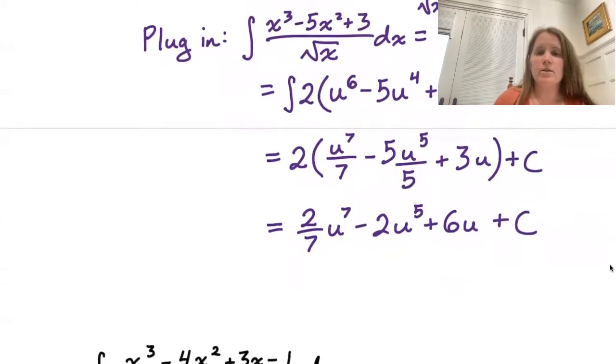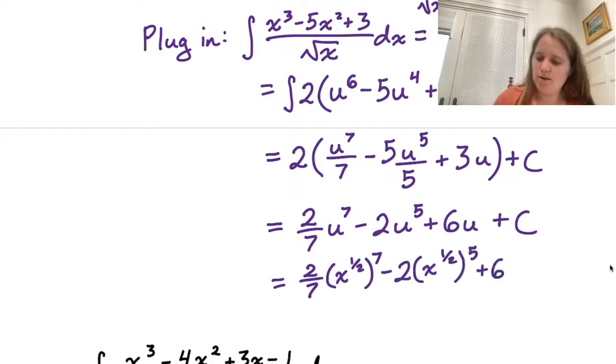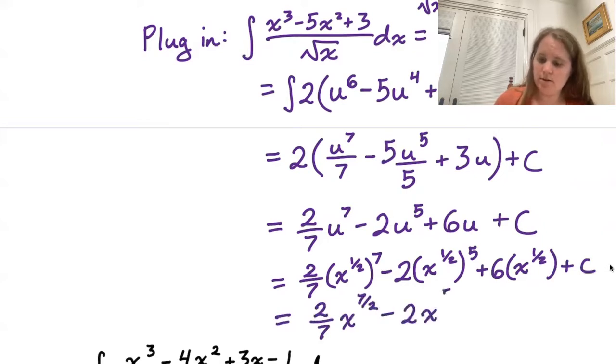Plugging back in, our u is equal to the square root of x, or x to the 1/2. So we have 2/7 x to the 1/2 raised to the 7th minus 2x to the 1/2 raised to the 5th plus 6 times x to the 1/2 plus c, otherwise known as 2/7 x to the 7/2 minus 2x to the 5/2 plus 6x to the 1/2 plus c.